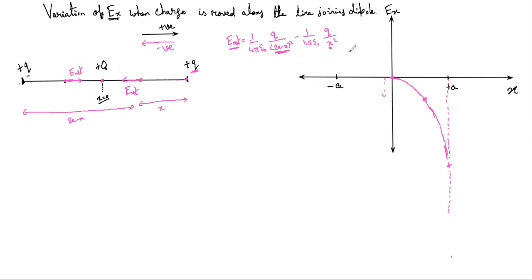So if you plot it here, similarly यहाँ पे एक point आ जाएगा, and as you go closer to this point plus Q, electric field will be towards the right and its value will tend to infinity again. That means ऐसे कुछ होगा। The curve is like this.